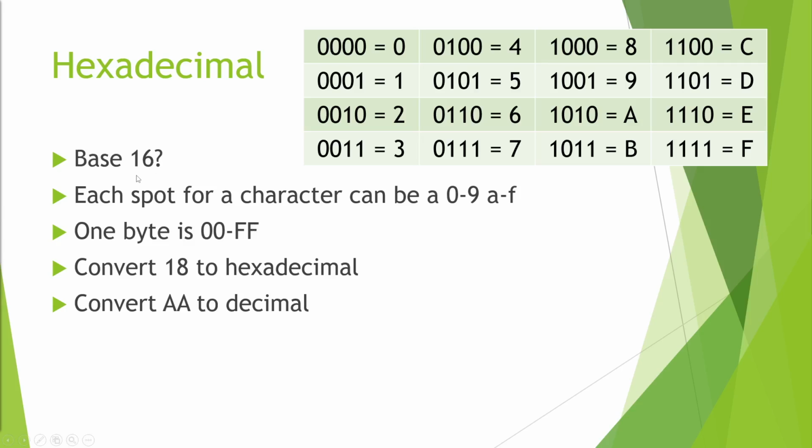But anyway, hexadecimal is base 16. So not only do you have 0 through 9, you add A through F to that.